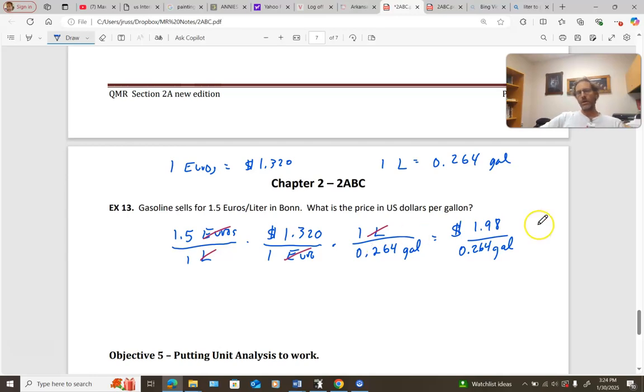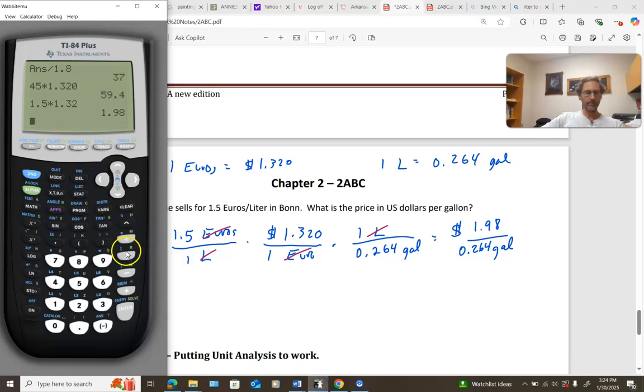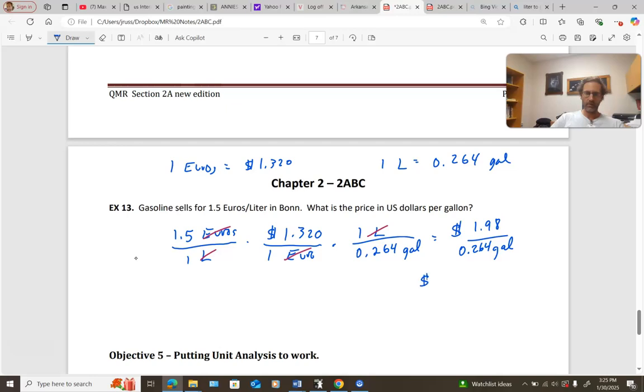So we need to divide this out. 1.98 divided by 0.264, and we're going to get 7.5. So $7.5 per gallon. So you can see that's rather expensive, isn't it?